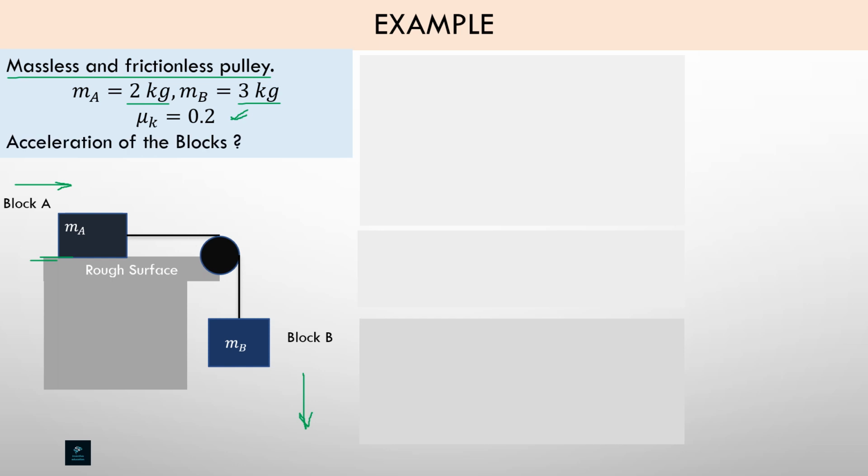The forces acting on block B are the gravitational force and the tension from the cord. Similarly, the forces acting on block A are the tension from the cord, the gravitational force, the normal force, and the frictional force which opposes the motion in the horizontal direction.